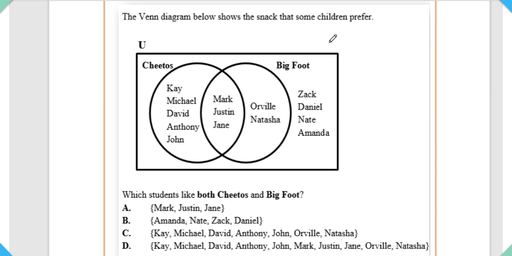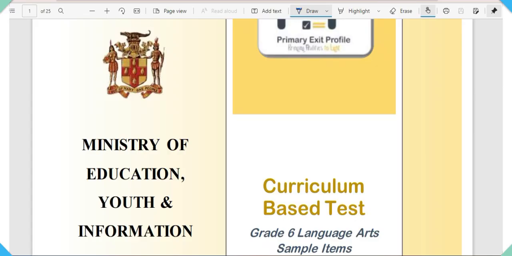A Venn diagram gives information about sets of things without using a lot of words, the same way a table, a chart, or a graph would. This Venn diagram is giving us information about the children who were asked which of two snacks, Cheetos or Bigfoot, they prefer. This is the universal set, U.